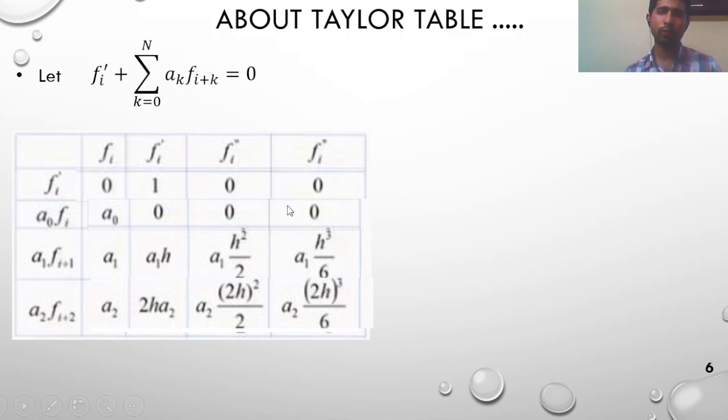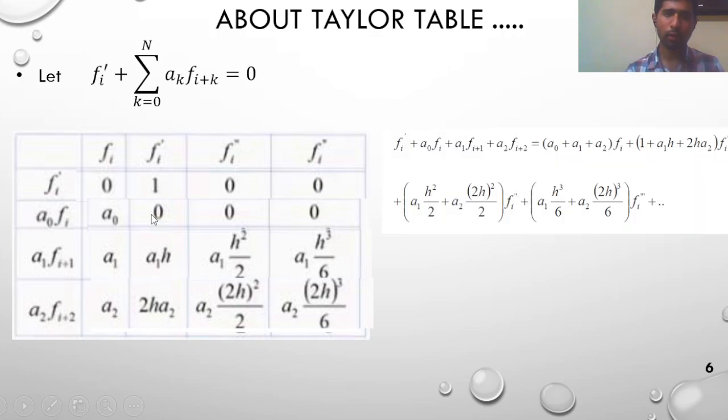Once you form this table, then everything is very easy. Now what you have to do is add these things, because that is what you ultimately want: f dash of i plus the summation of a_k into f_{i+k} is equal to all these terms.